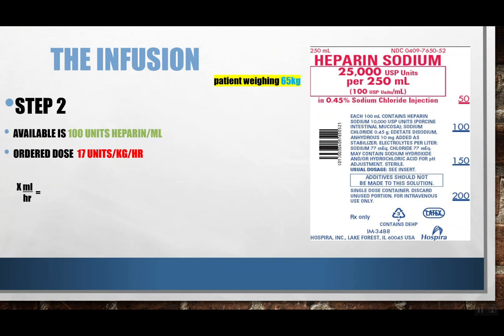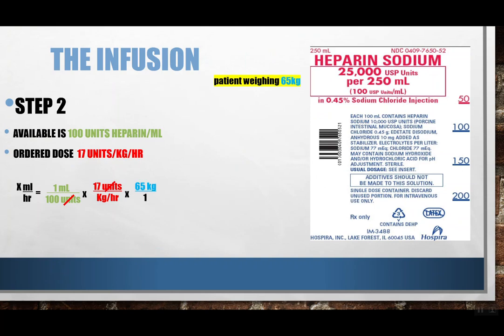So what do I have here to actually pull? I have 1 mil per 100 units, which is up there in the available. Then I multiply that by the ordered dose, which is, again, we have 100 units on the bottom, so I need to cancel out those units, which allows me to do that. So I have 1 mil times the 17 units over 100 units times the kilograms per hour, which is already there. Cancel out the units.